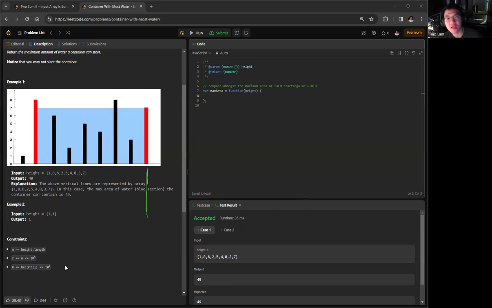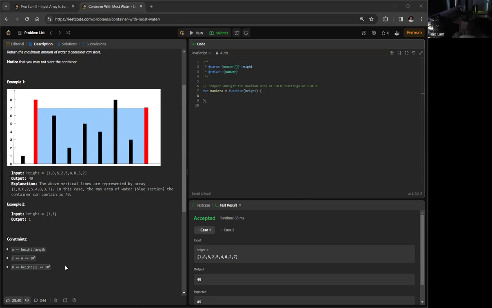We can solve this problem using an exhaustive approach. We can search every combination of lines, find the area, and keep track of the maximum, right? We can easily do that, but that solution has O(n^2) time complexity, and I don't really like that. So let's try something else.